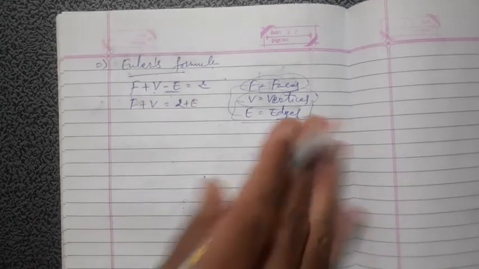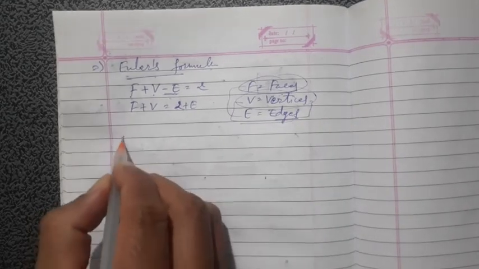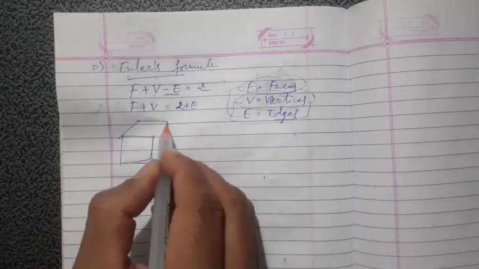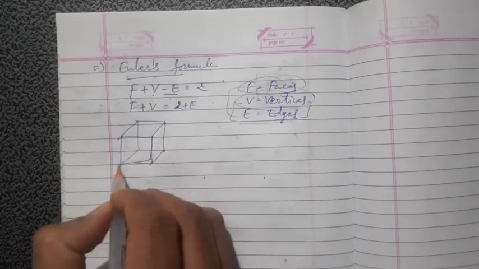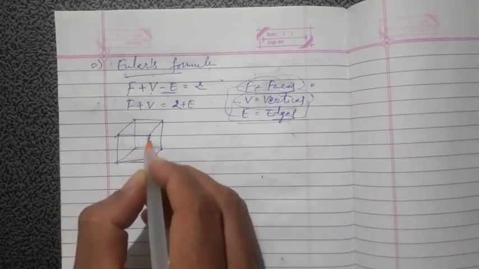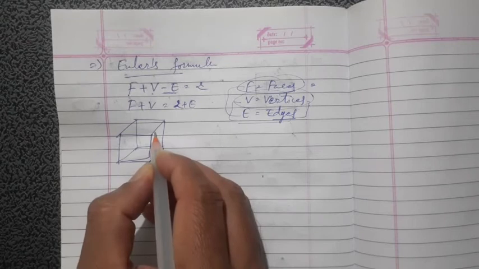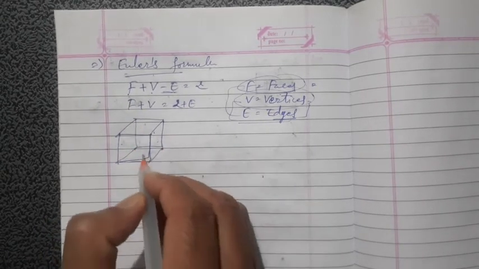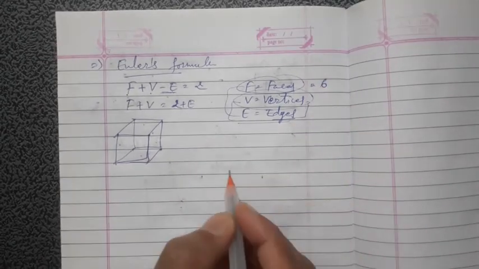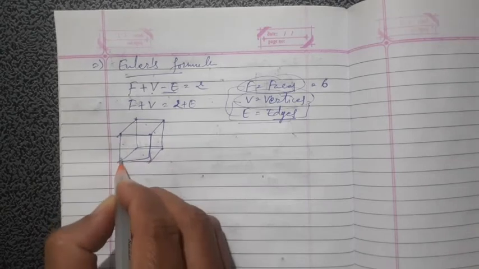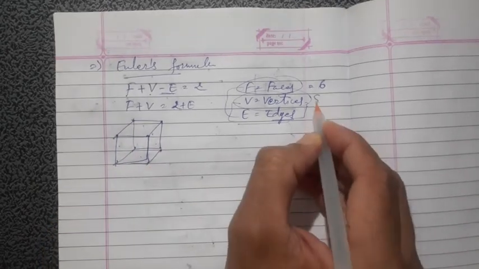Okay, for cuboid first we check the Euler formula. Look here, how many faces are there? So number of faces: 1, 2 front, back, 3, 4 left, right, 5, 6 top, base, total 6 are there. Vertices, look, 1, 2, 3, 4, 5, 6, 7, 8, 8 vertices are there.